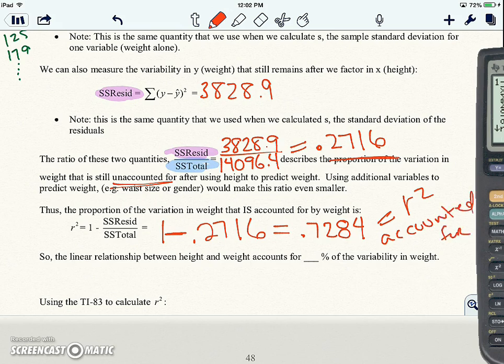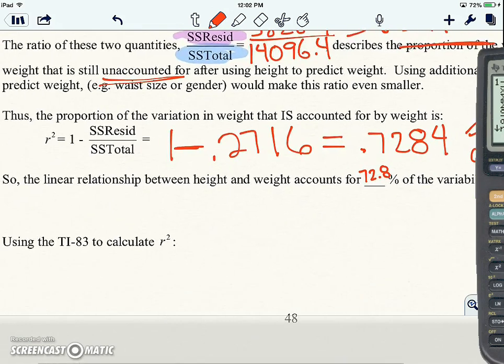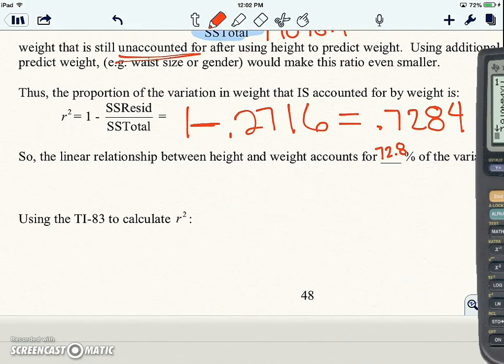So the linear relationship between weight and height accounts for 72.8% of the variability in weight. Using the TI-81 to calculate r squared, you already know how to do this. I'm not even going to do it. You know.